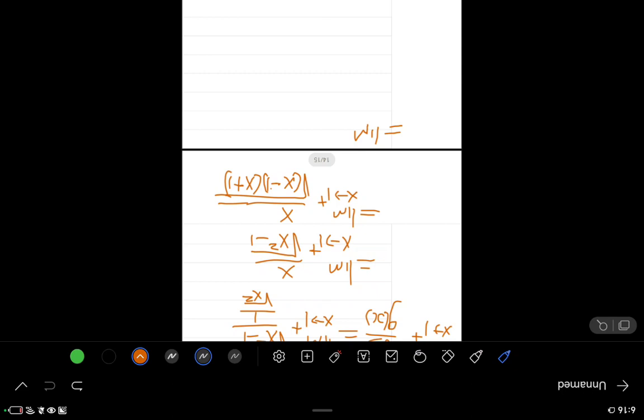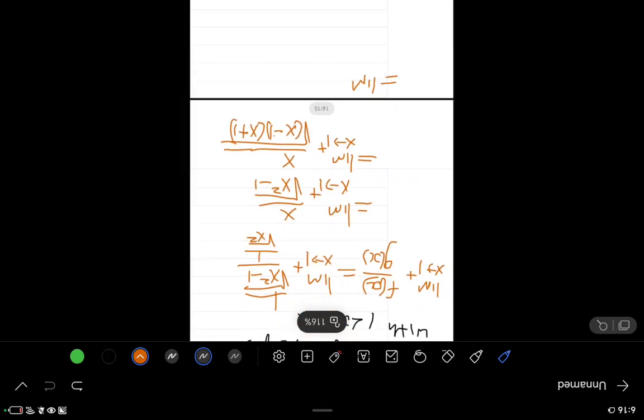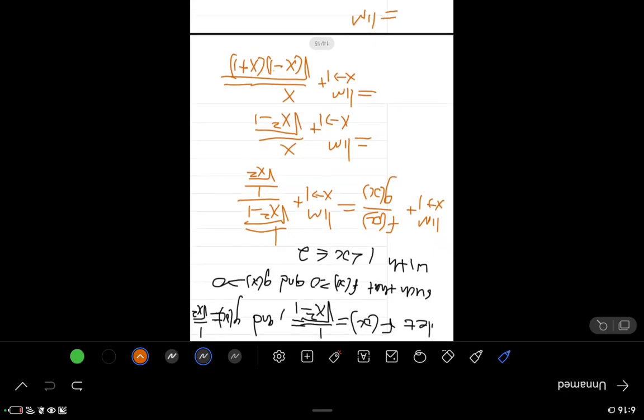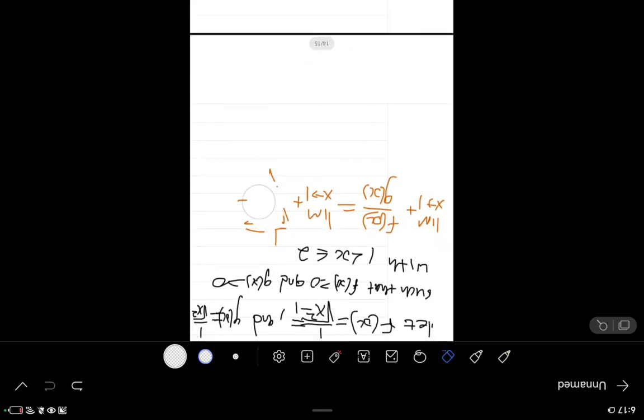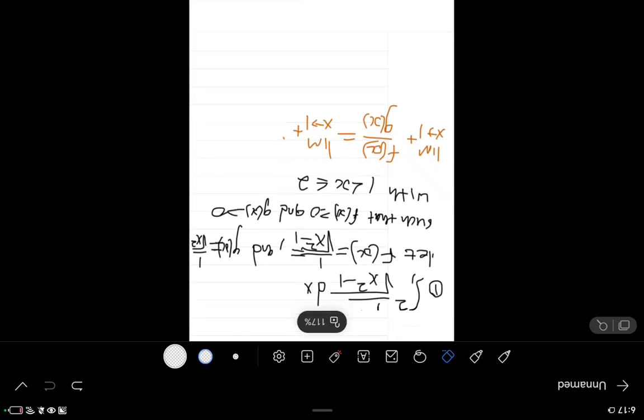Let me see. Yeah, it's fine. It won't work like this. Let me just edit the limit. I can take it step by step. That's fine. It means that I have to edit g of x.